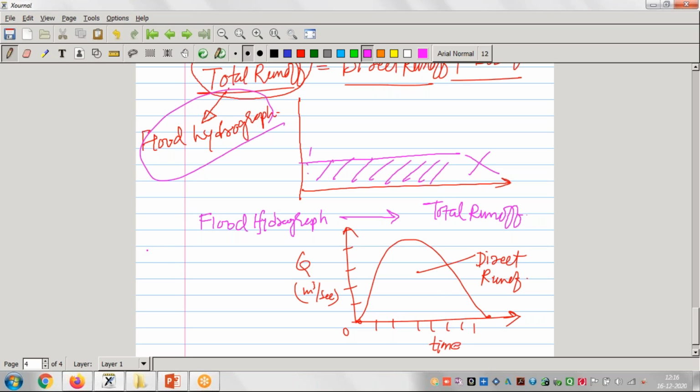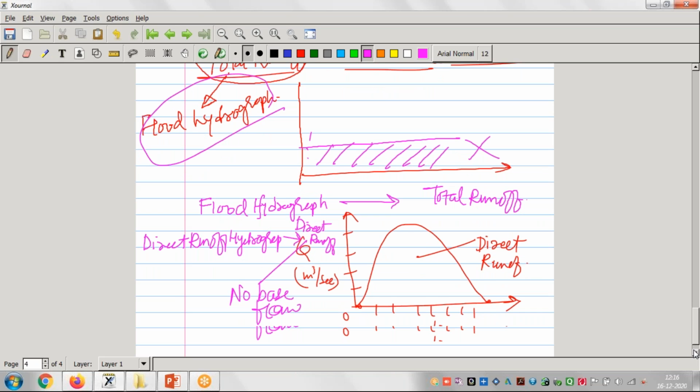The direct runoff hydrograph is a result of direct runoff only. A result of direct runoff means there is no base flow, right? Is this point clear?